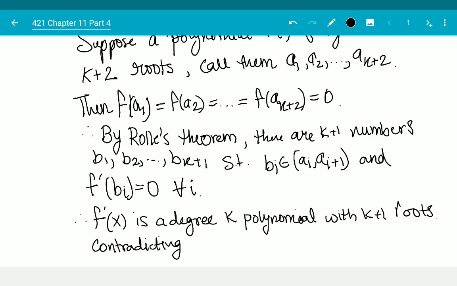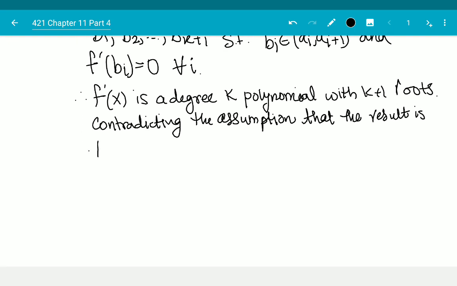Contradicting the assumption that the result is true for n is equal to k. Therefore, by contradiction, f of x has at most k plus 1 roots.